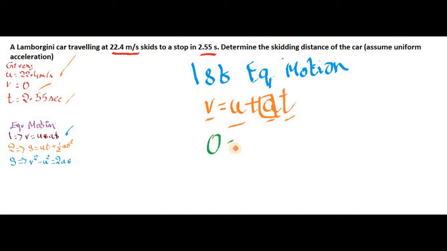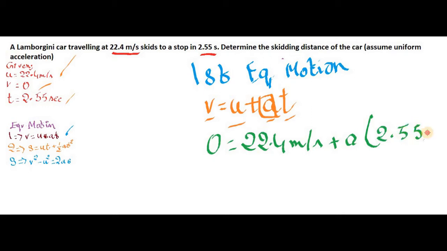v = 0, u is 22.4 meter per second, plus a, I'm going to write it as it is, into, I'm going to keep a bracket for this, 2.55 seconds. So this is what we have.